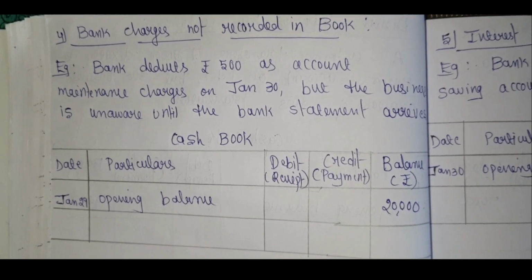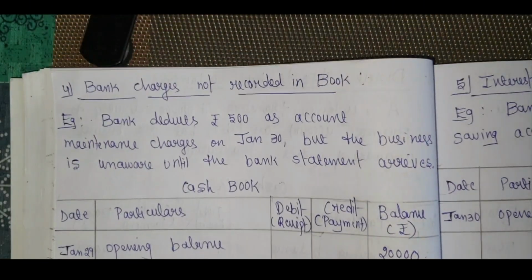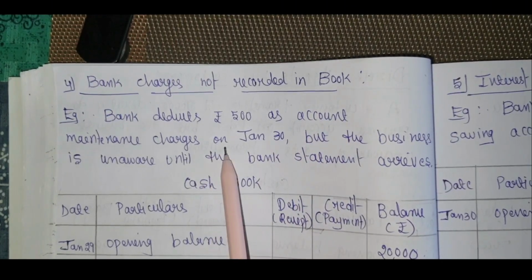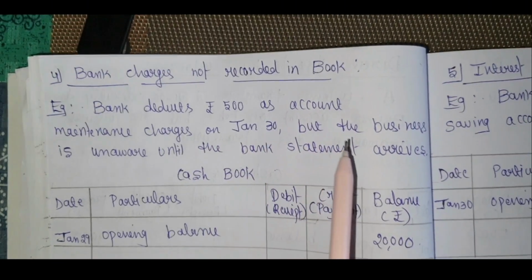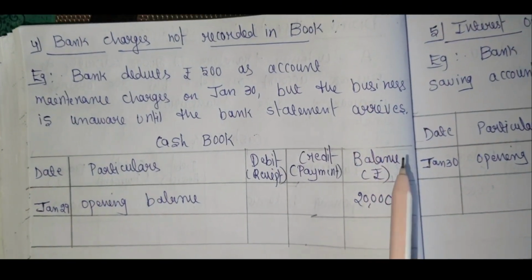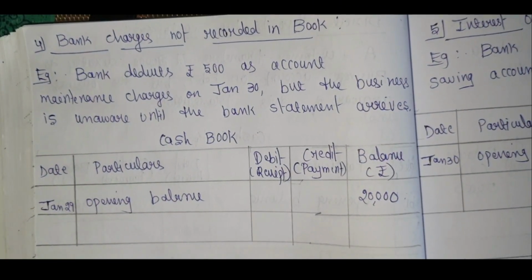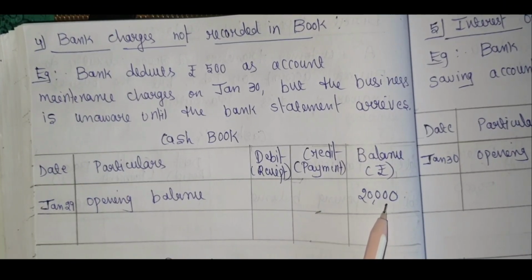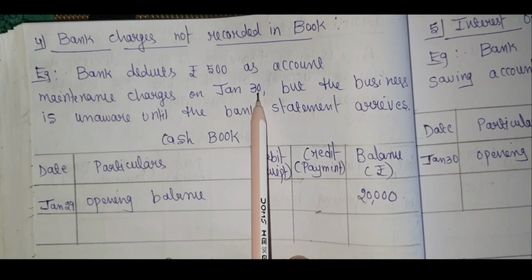But the bank already deducts the charges like service fees or any check collection charges. Okay. So here see the example now. Bank deducts rupees 500 as account maintenance charges on Jan 30th. But the business is unaware until the bank statement arrives. So in the cash book, Jan 29th opening balance is 20,000. But on Jan 30th, what happens?